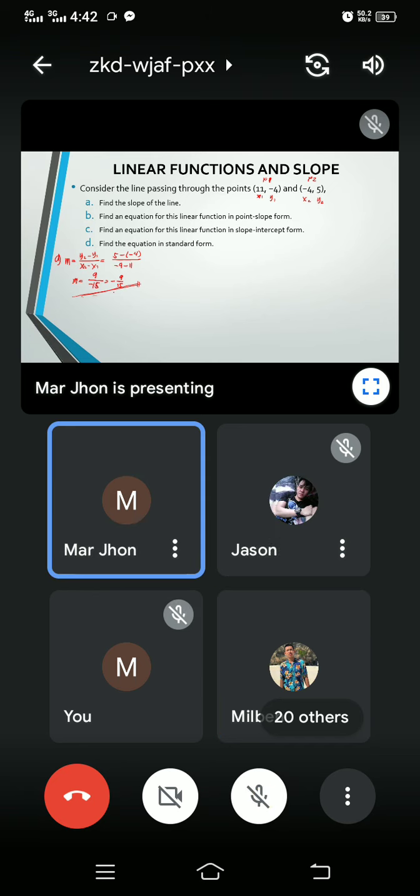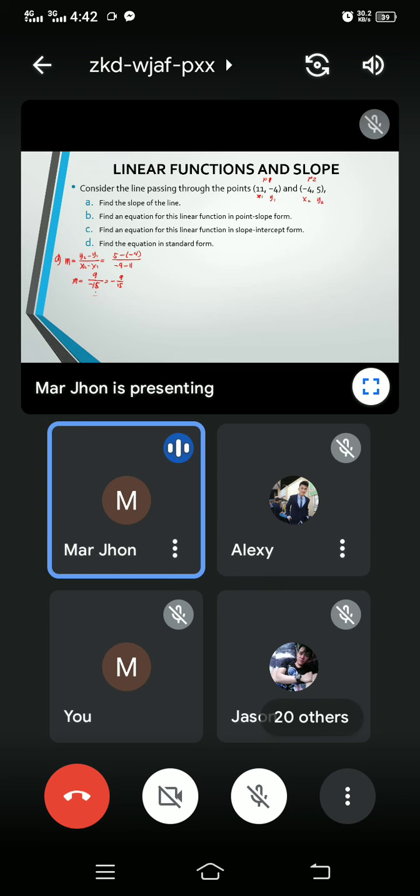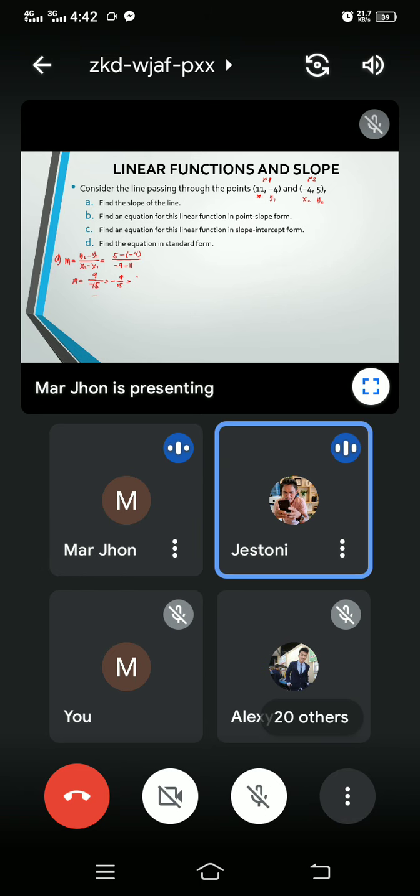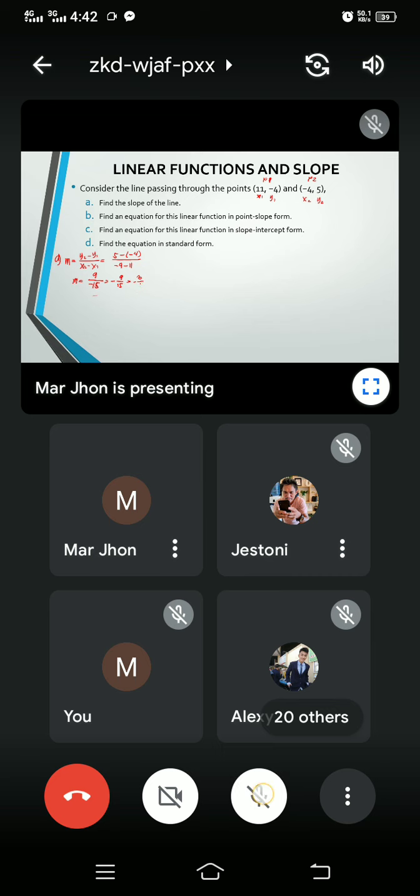Divide by 3. Kung i-lowest term, pwede ra na i-equate. So para di na maglisod, i-lowest form mo siya. So, negative 3 over 5.